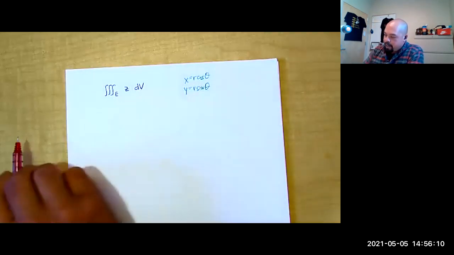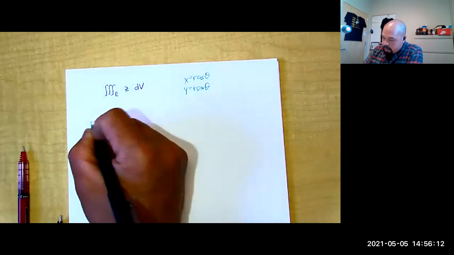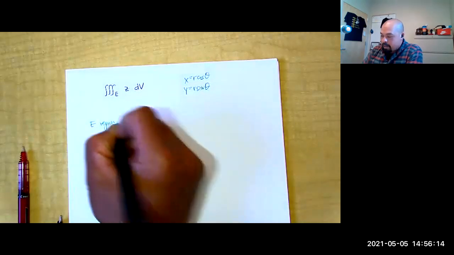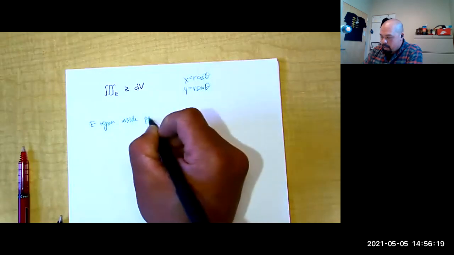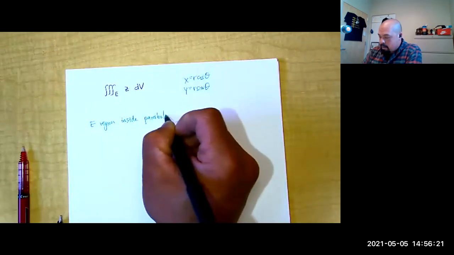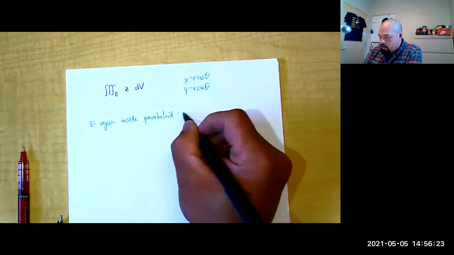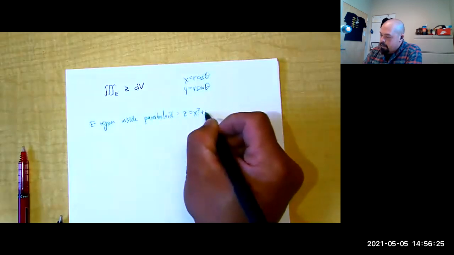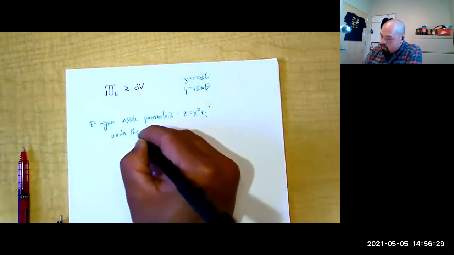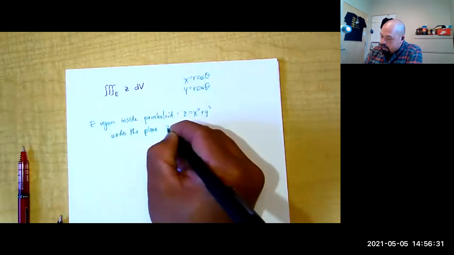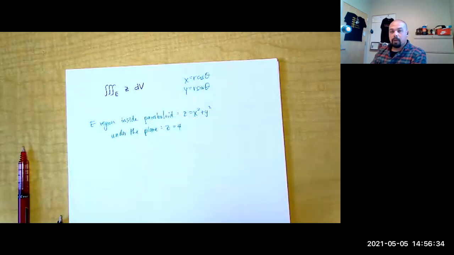But let's think about that region E, right? E was that region inside the paraboloid z equals x squared plus y squared under the plane z equals 4.